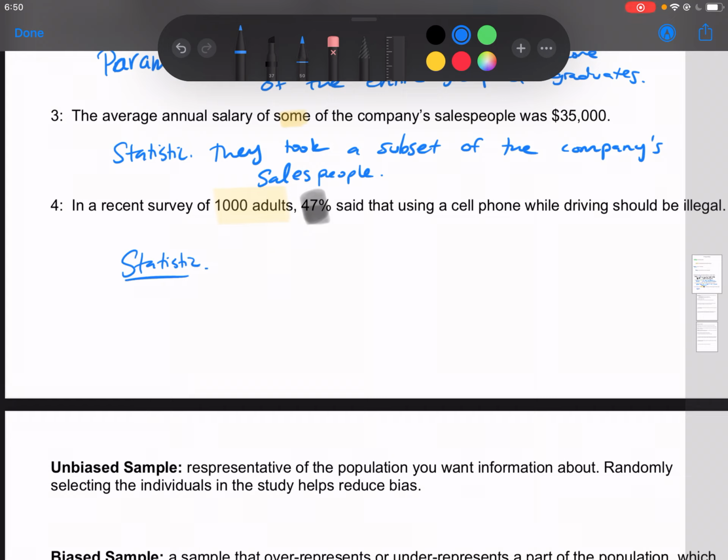And the reason is they sampled only 1,000 adults, not the whole group. So not every adult.